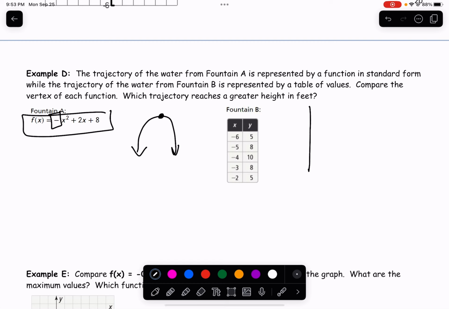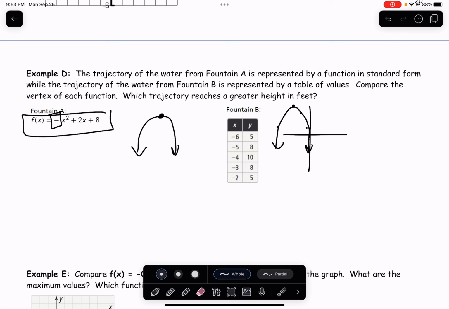Now, for fountain B, if we kind of went and plotted these points, you can see that we have like -4, 10, and then we have like 2, 8 values, and then 2, 5 values. So again, we are getting this upside down quadratic, right? Down like a frown. So essentially what we're trying to do here is find the vertex, okay?